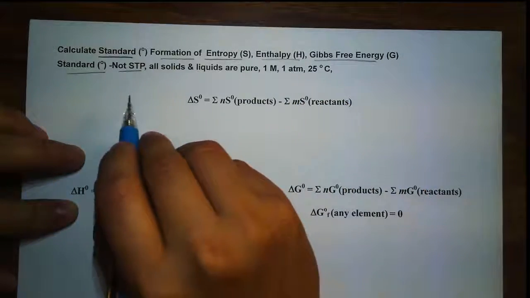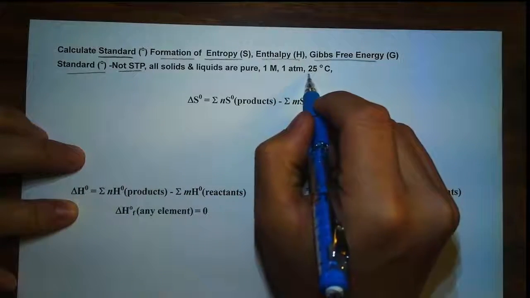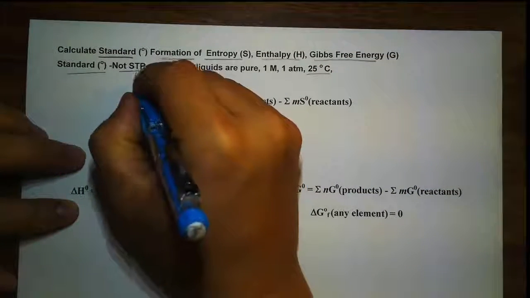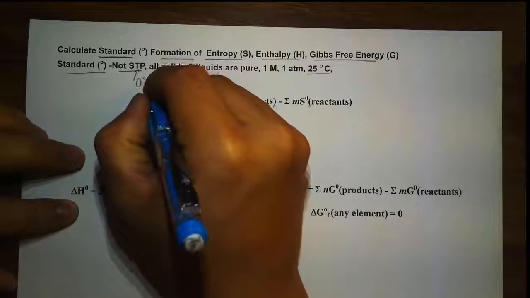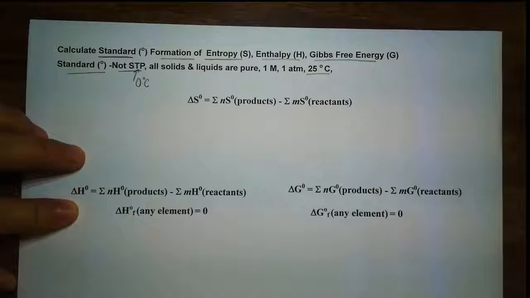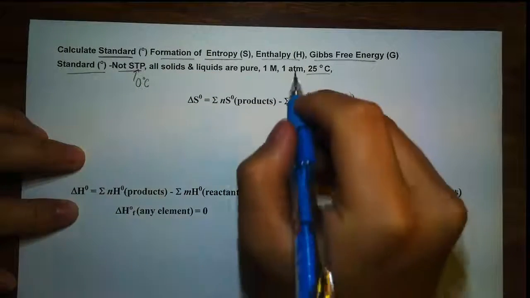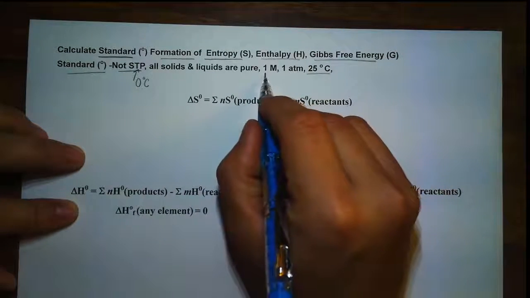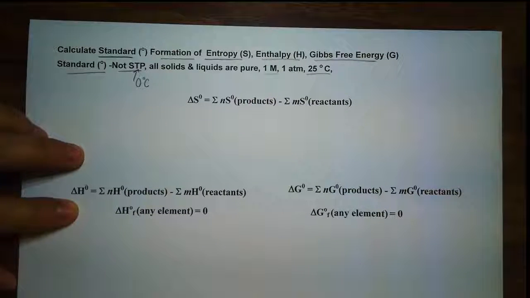It's not at 0 Celsius, but rather at 25 degrees Celsius. That is a very comfortable temperature, whereas STP, at 0 degrees Celsius, is freezing. That's pretty cold. But the pressure is the same, 1 atm. And when we talk about solutions, we're talking about 1 molar, or 1 molarity, of that solution.